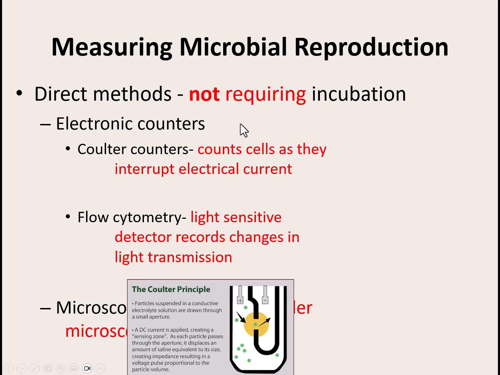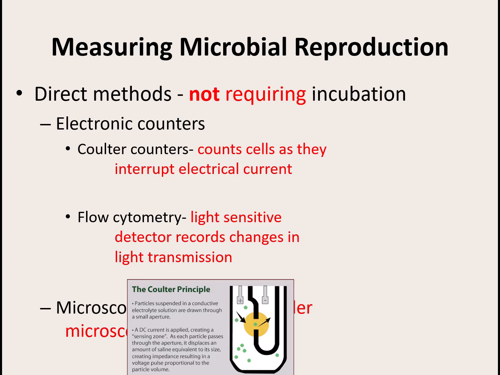We've got a couple different electronic counters that can count bacteria numbers and give us a pretty good approximation of how many bacteria are in a solution. The first one is called the Coulter counter.